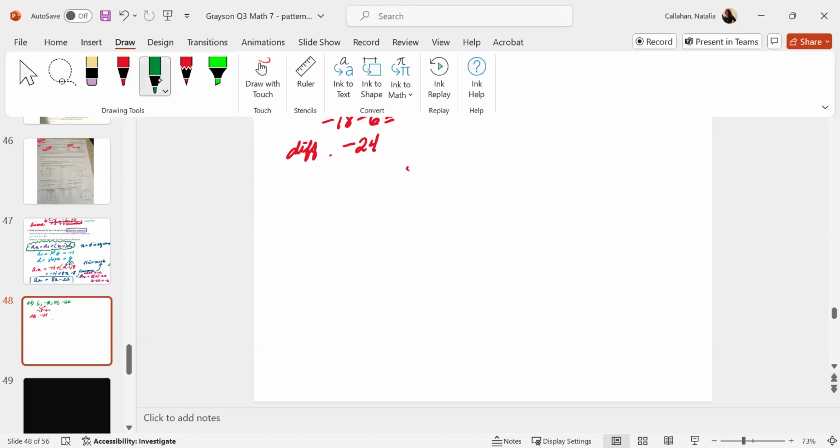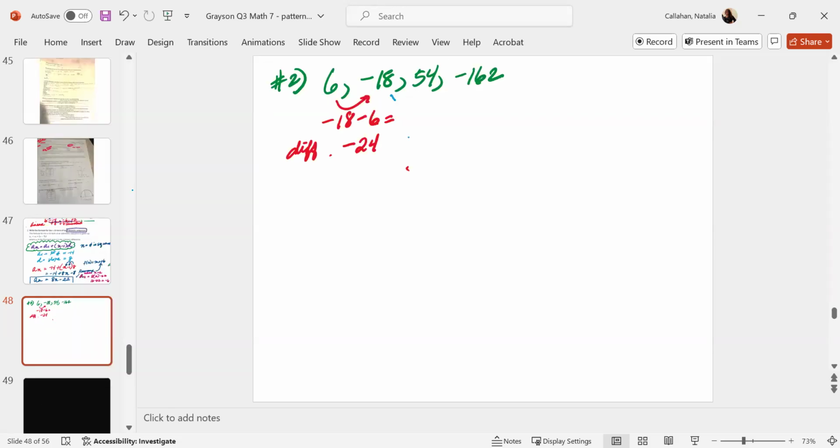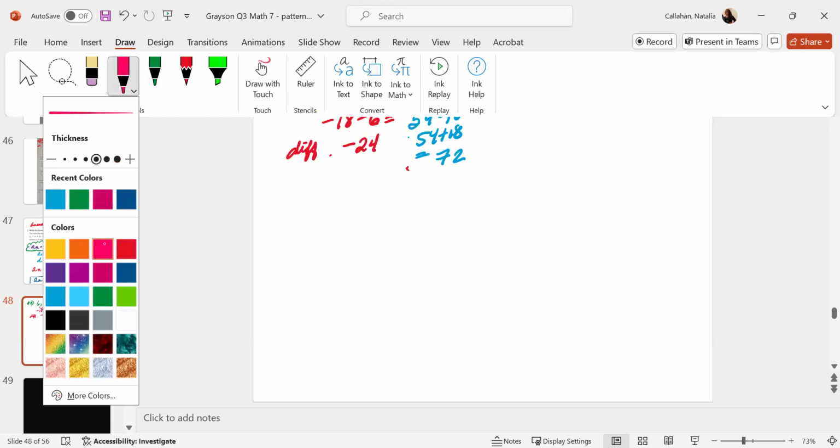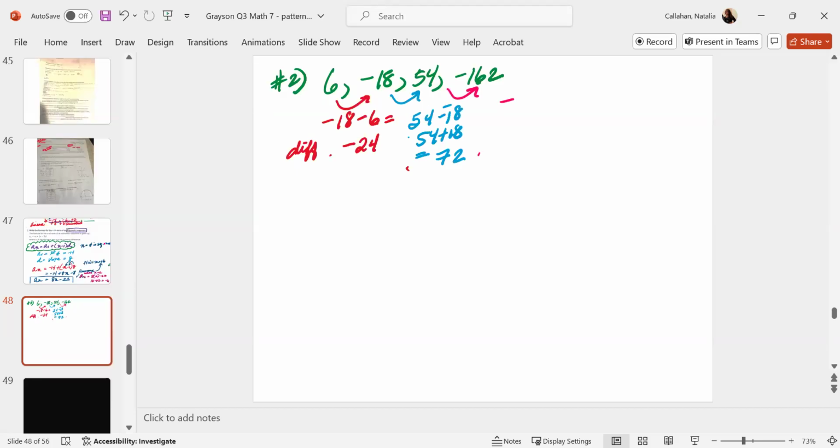So then let's take a look at the next one. Okay, and then 54 minus -18. So that's 54 plus 18. The difference there is going to give you 72, right? Let's go into the next one. The difference here is -162 minus 54. The difference is going to be -216, right?